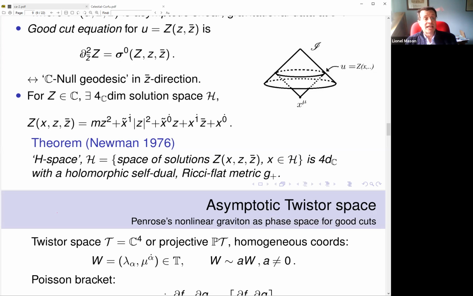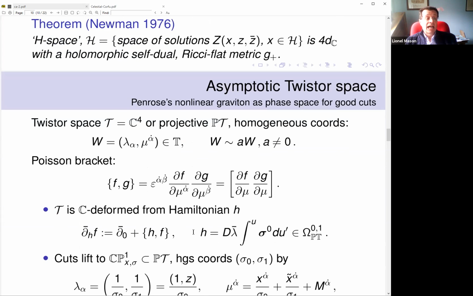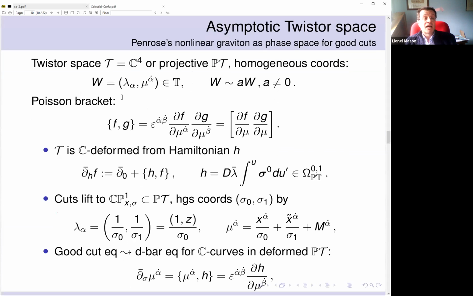So you turn that second order equation for the null geodesics in the Z bar direction into a first order Hamiltonian equation. And in order to do that then, this lambda is essentially going to be the same as the Z coordinate we had before.